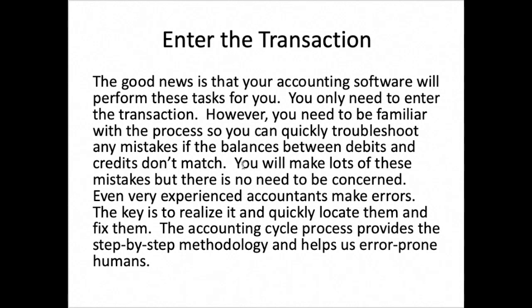And you'll make a lot of these mistakes, but there's no need to be concerned. That's part of it. Even very experienced accountants make these errors. The key is to realize it and quickly locate them and fix them. The accounting cycle process provides the step-by-step methodology and helps us error-prone humans to do it right.